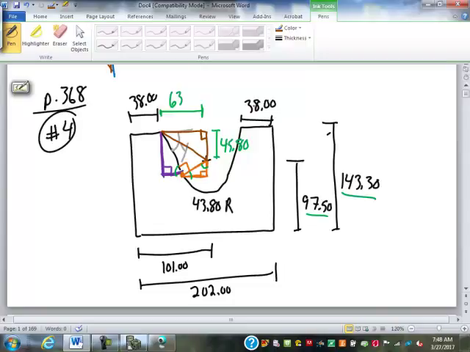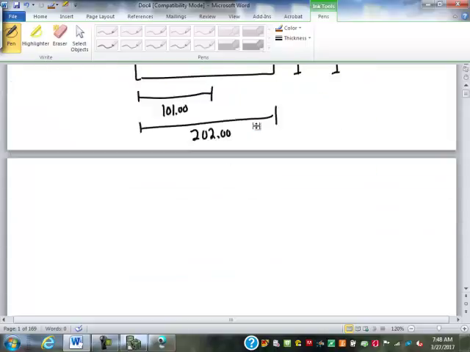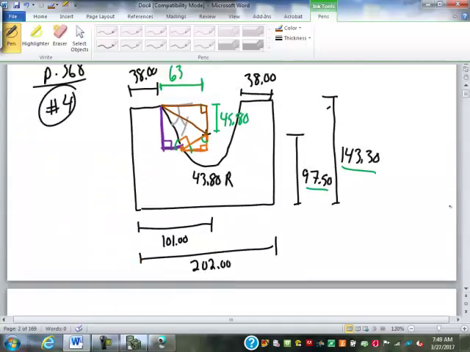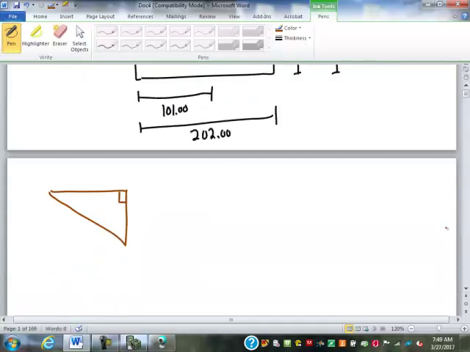So off of that right triangle, let's go ahead and solve it, see what we come up with. Sometimes it's not a matter of what you're looking for, sometimes it's a matter of what you have. And this is all we have here.